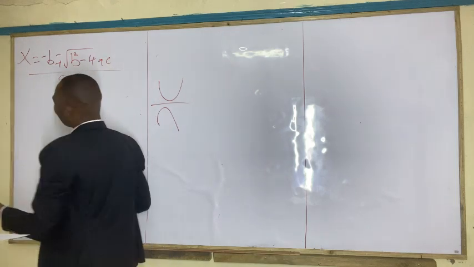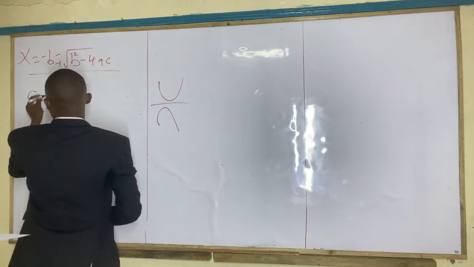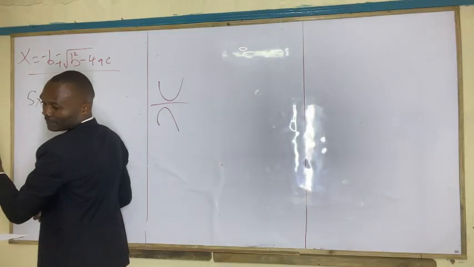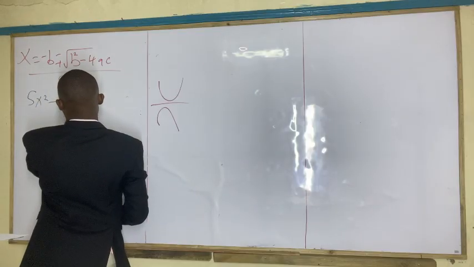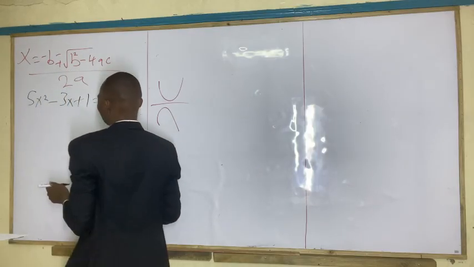So let's have an equation: 5x squared minus 3x plus 1 is equals to 0.